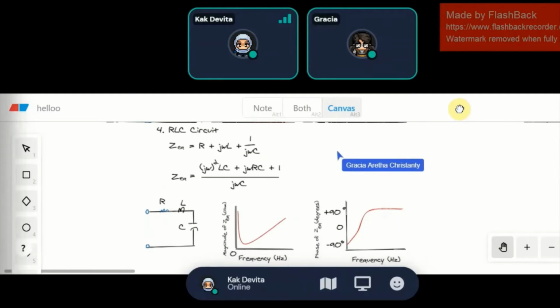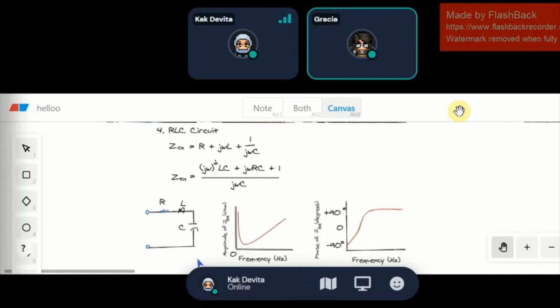And lastly, when the three elements are constructed in series, the equivalent equation becomes like this, and we can simplify it into the equation below. When we sketch the graph, the magnitude will be very high at first because, like before, the capacitor acts as an open circuit. However, at a certain point, it will become very low, which means that it reaches the minimum peak value.